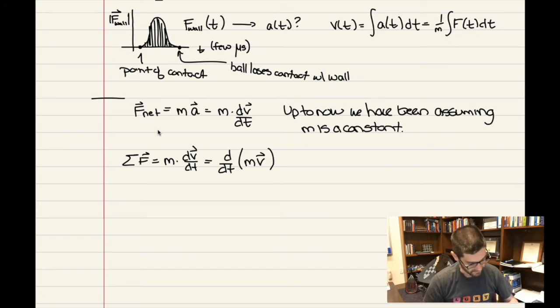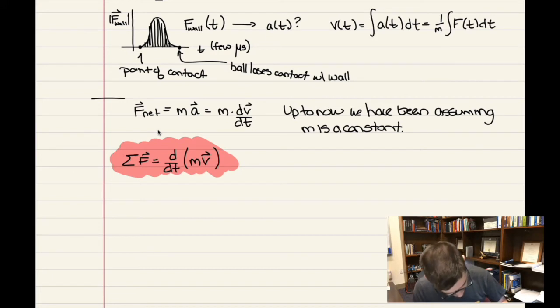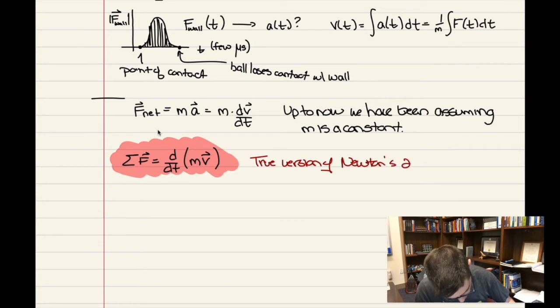If I erase this middle part and move this over, this is actually what Newton wrote down. This is the true version of Newton's second law, which allows for things like the mass to change with time.